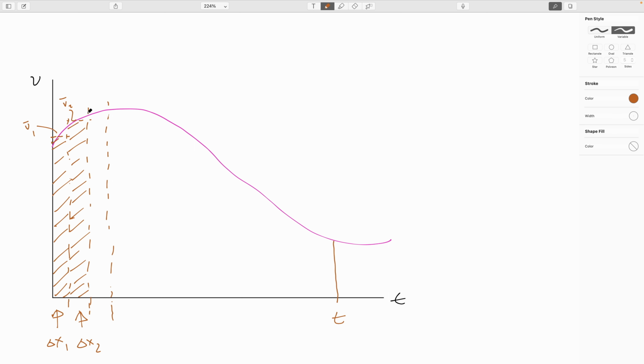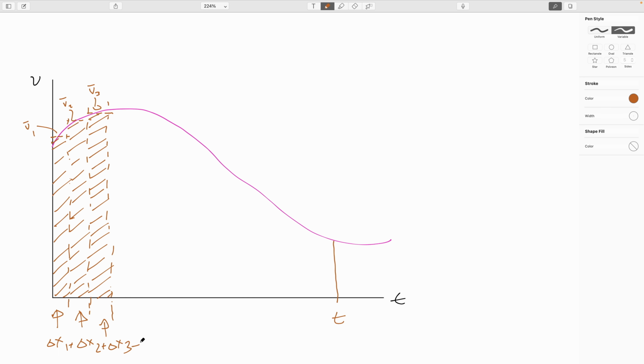And we'll do it one more time just for completeness' sake. This would be the average velocity for the third interval. This would be my delta x3.